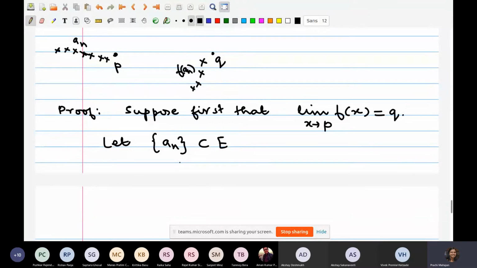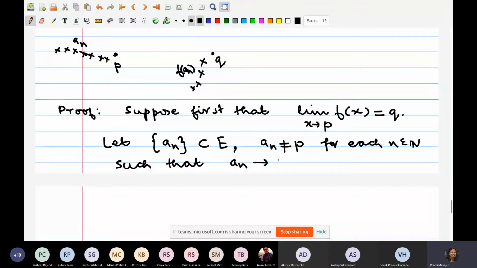So let An be a sequence of points in E, An is different from P for each n, such that the sequence an converges to P as n tends to infinity. What are we required to show? We are required to show that the image sequence f of an must converge to Q. Correct? Is that okay? Yes.